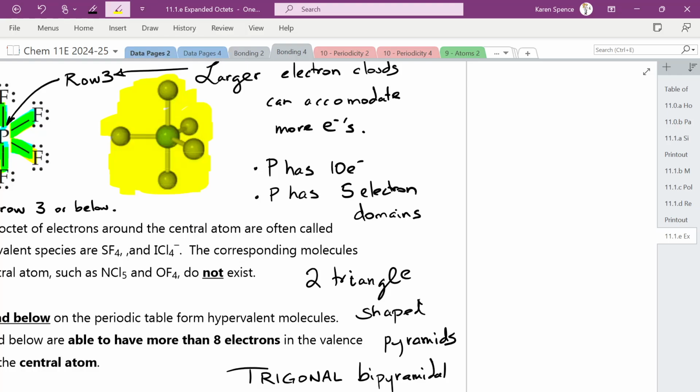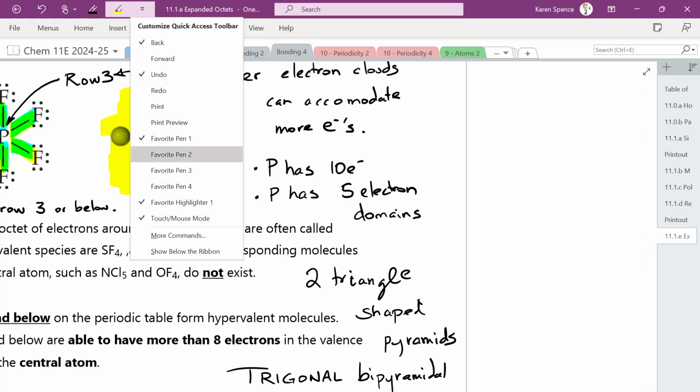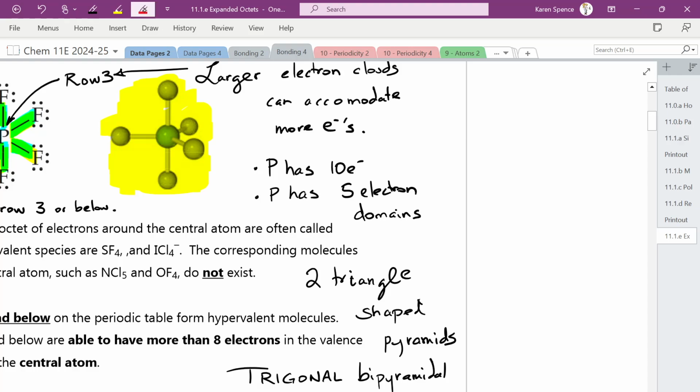So I'm going to put, let's see, maybe I'll put it in red. A for axial. Maybe I should put it in black because red doesn't show up very well. A for axial. E for equatorial.